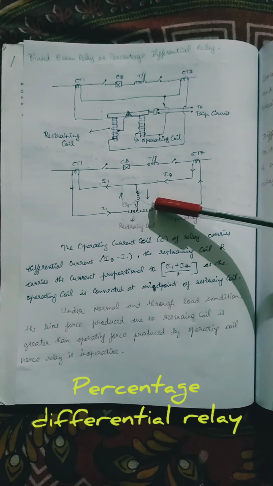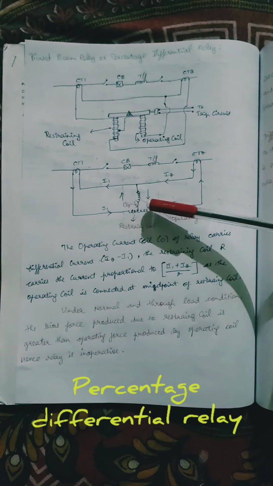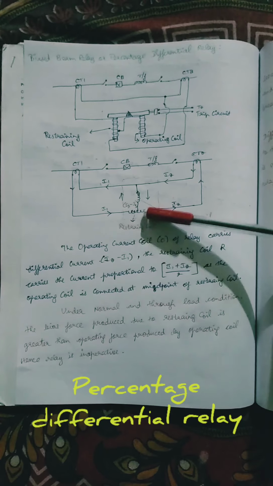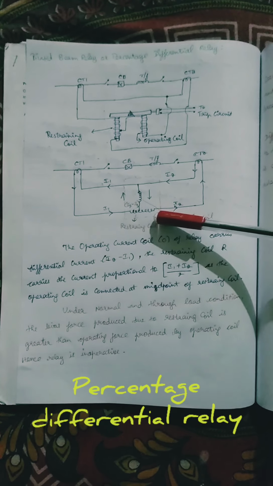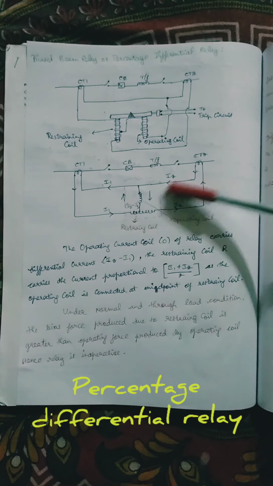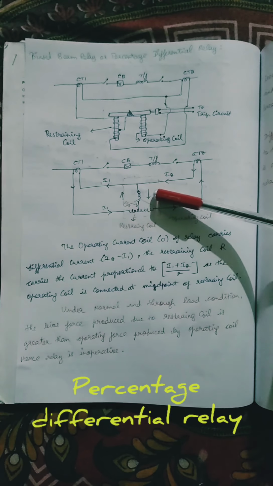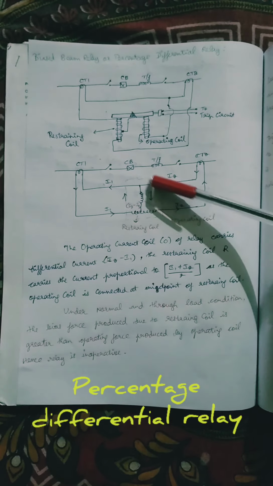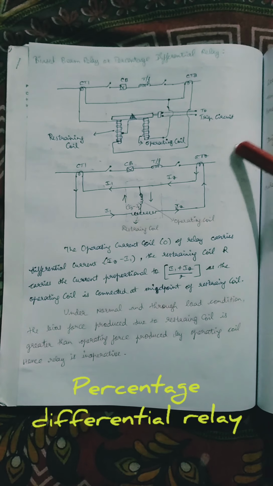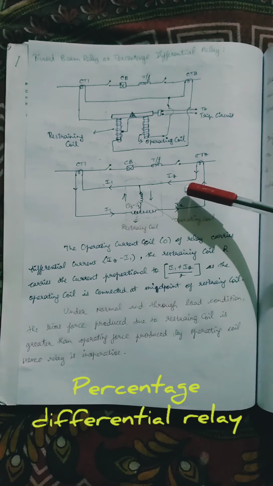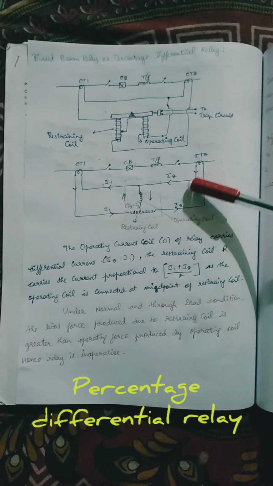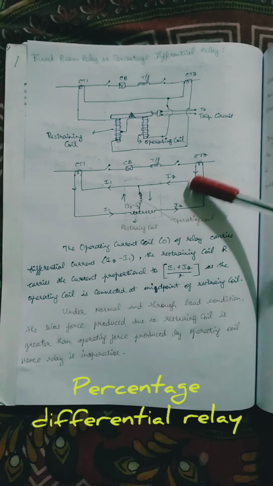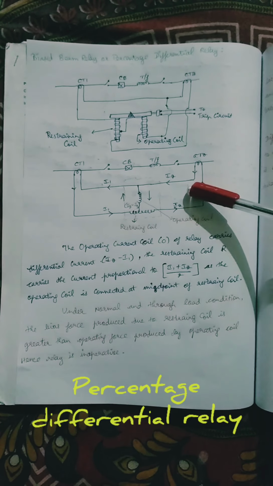So in this condition the relay will not operate. The circuit will be healthy, even in an external trip or anything else that happens, and the circuit will remain healthy.